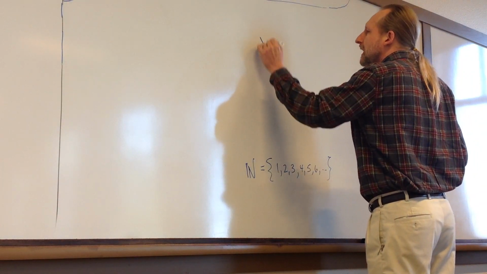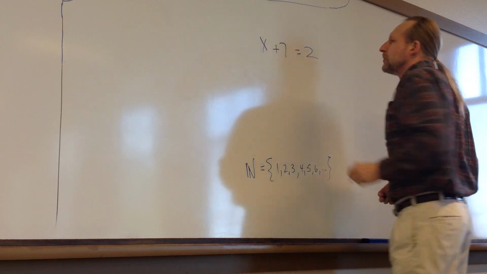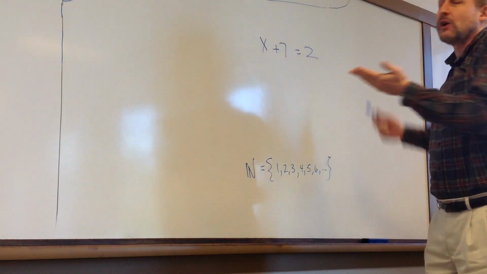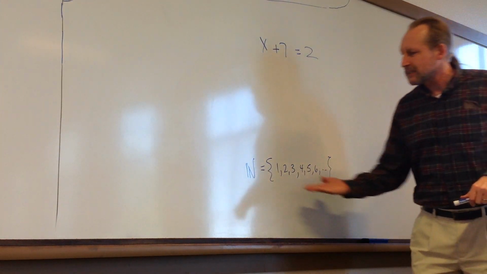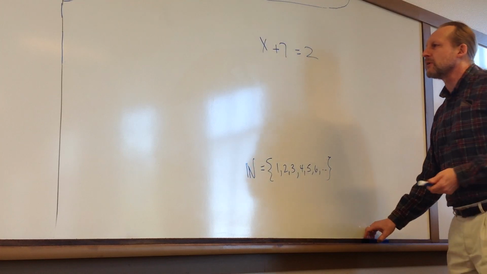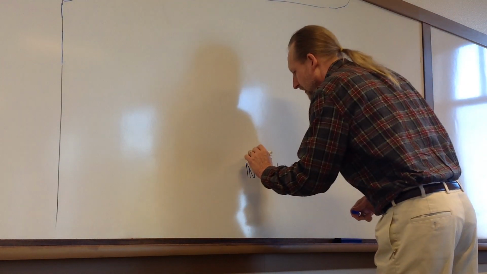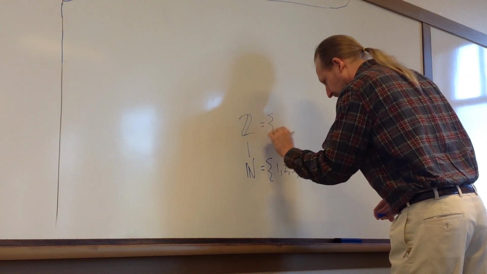If you say x + 7 = 2, what's the value of x? If we solve this very simple equation, we find that x = -5. But notice that -5 is not a natural number. So just this very simple equation leads to the need for an extension of the natural numbers.